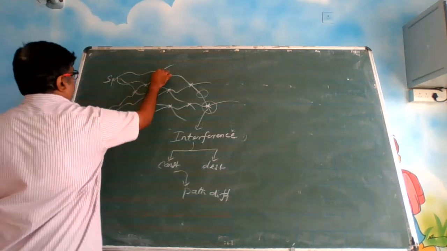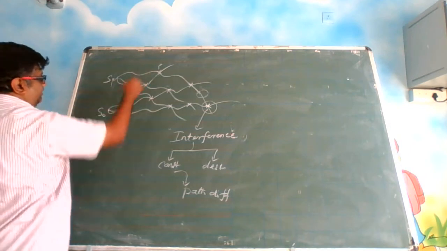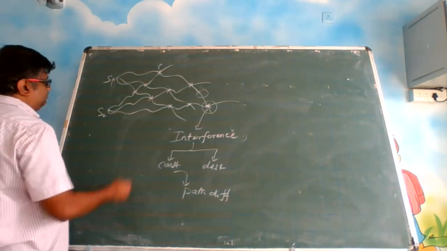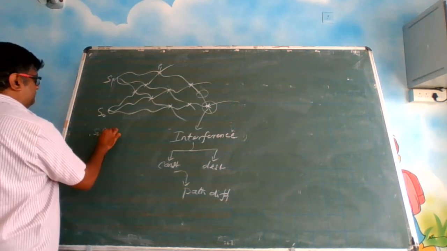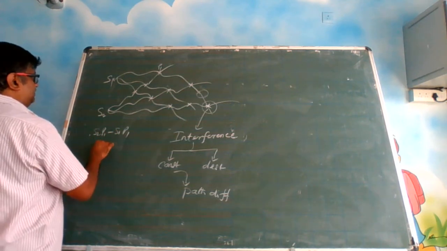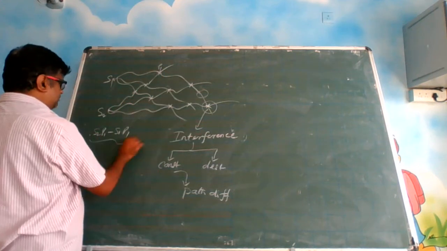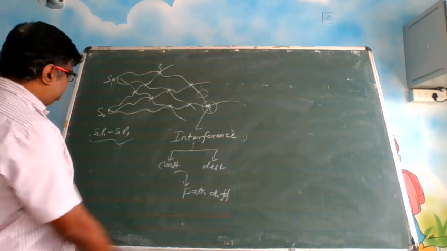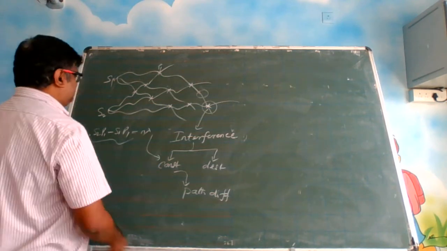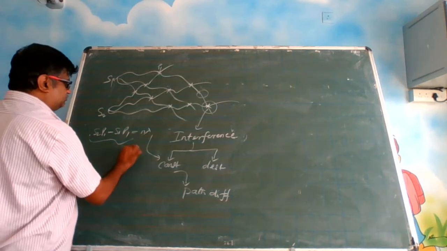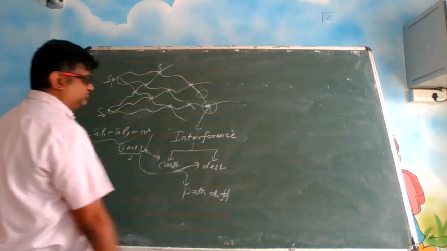You take this point, let us call it P1. So S2 P1 minus S1 P1 is the path difference at this point. Depending upon this value, if it is n lambda, constructive. Okay? If it is (2n minus 1) by 2 into lambda, it is destructive.